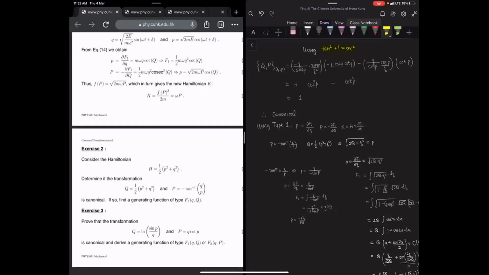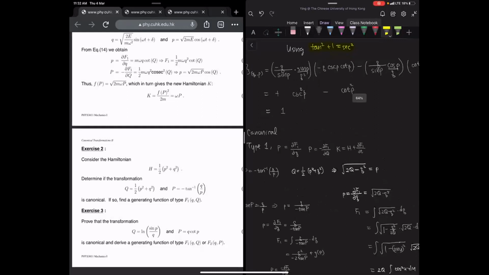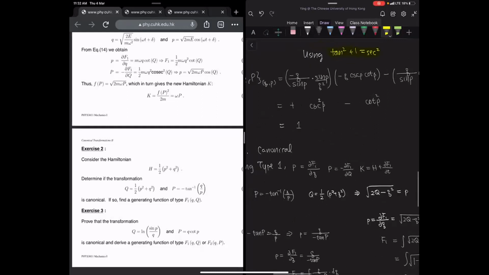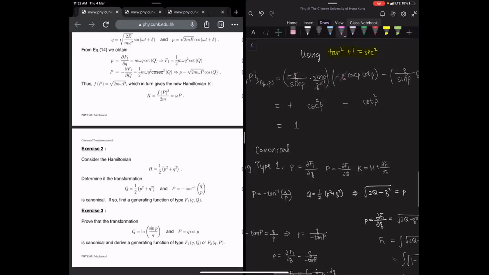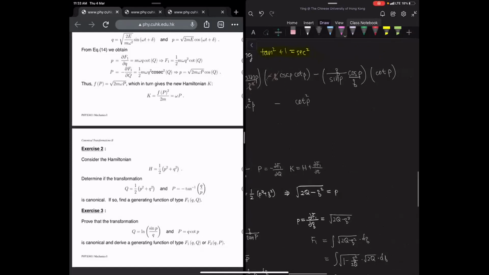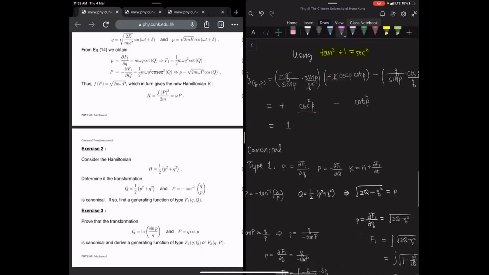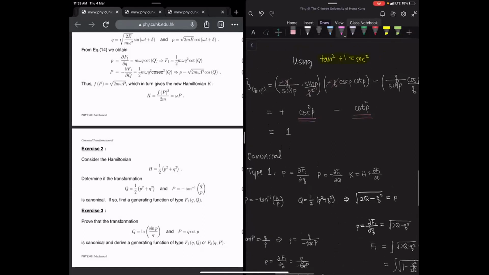From this rather tedious differentiation, you can find that a lot of terms cancel out, so it becomes a very easy expression: cosecant squared p minus cotangent squared p.